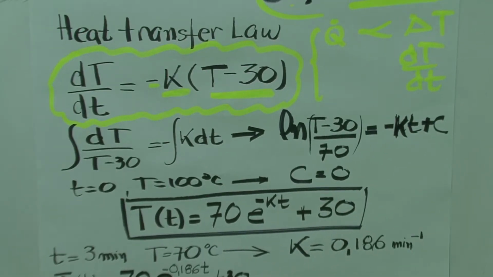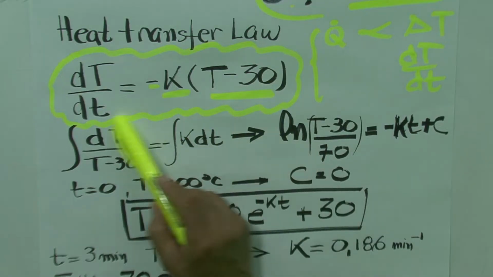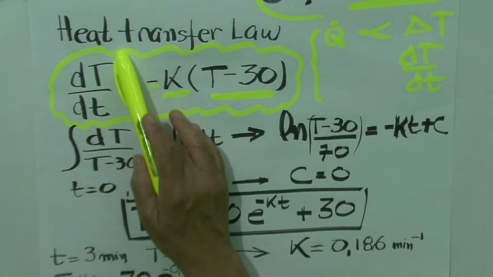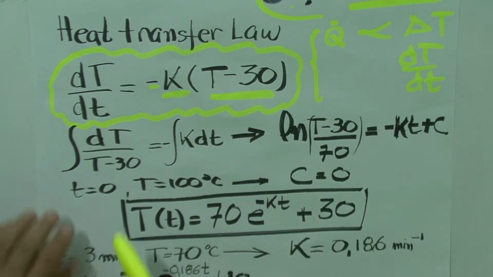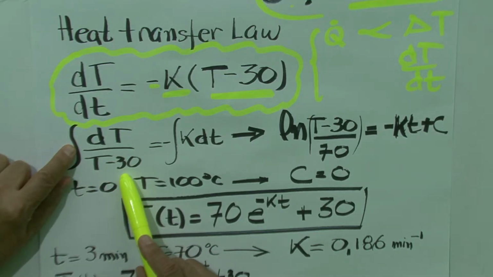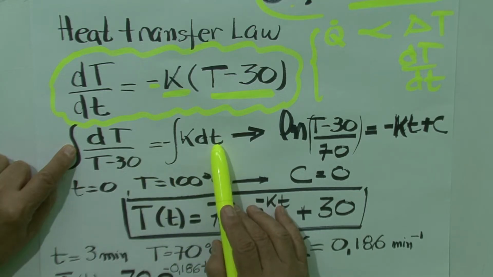This is a typical example where I can separate the variables. I can send the T minus 30 down here and the dt up here. So I separate temperature from time. And then the variation of temperature normalized by the difference of temperature at any moment is proportional to the time variation.